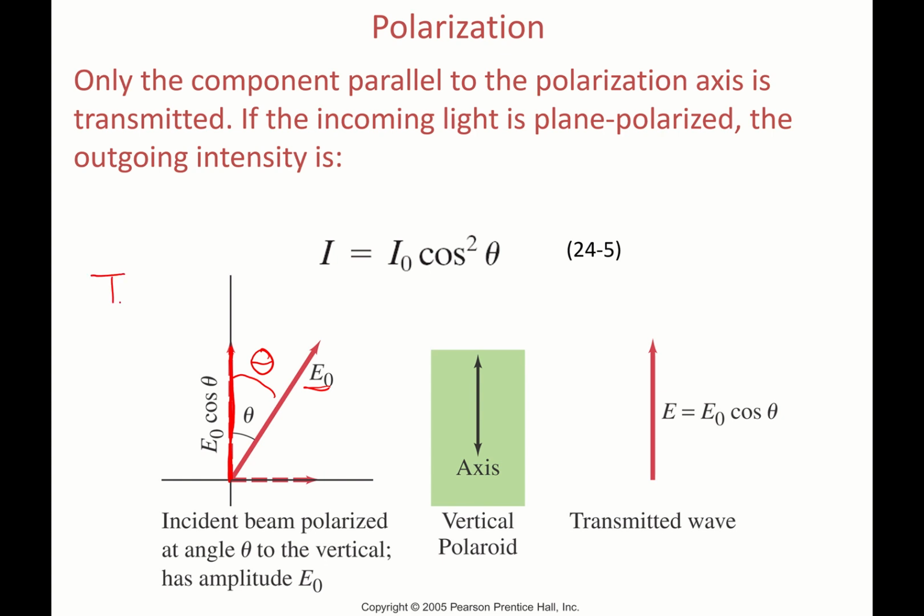The intensity is proportional to the electric field squared, and that's why we get the cosine squared of the angle. So the intensity of the light going through is proportional to the cosine squared of the angle between the direction of the electric field and the polarizer angle.